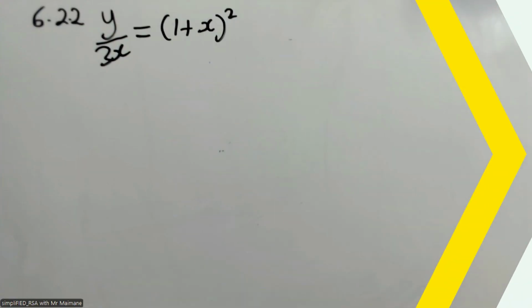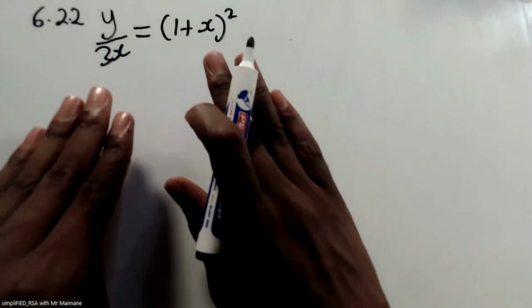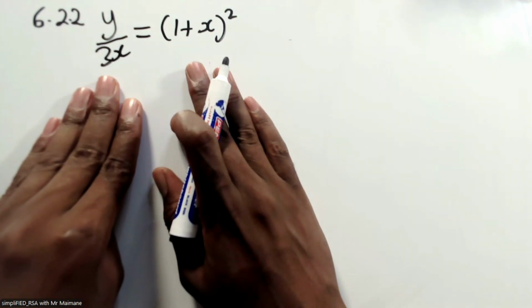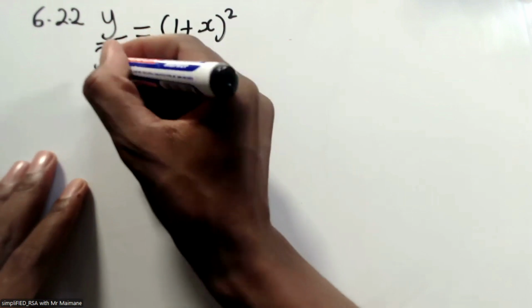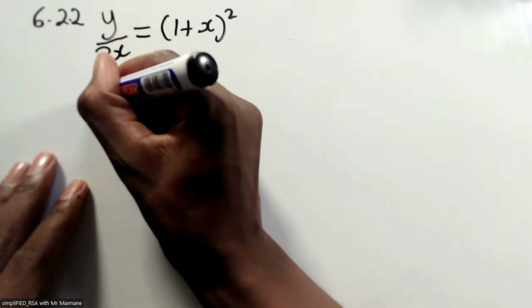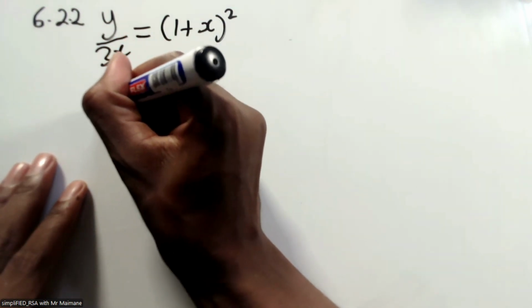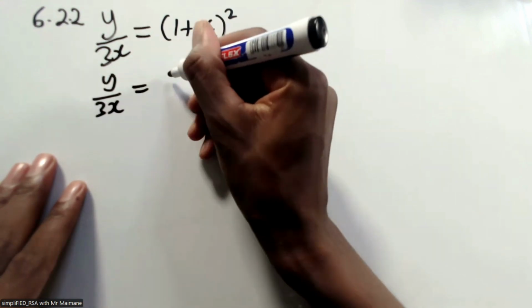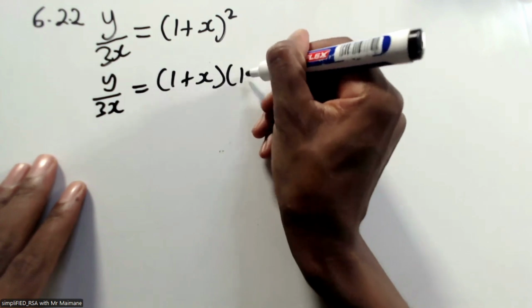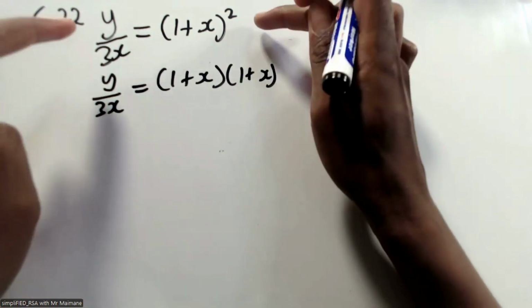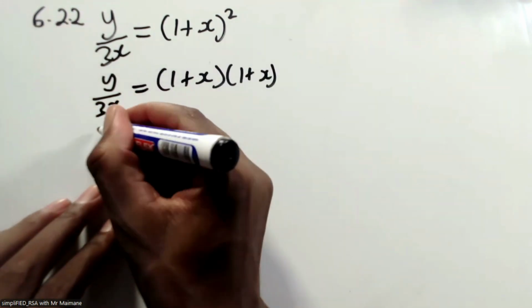This is how it's done. So for 6.2.2, this is what we have. Firstly, if I simplify this to put it as a proper equation, I would have y over 3x is equal to 1 plus x, 1 plus x, because it is squared there.